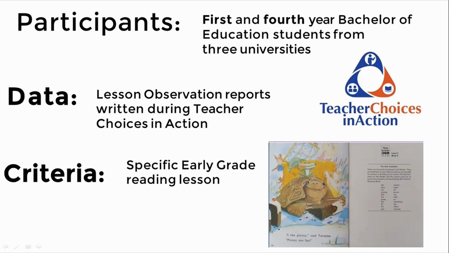So all of these students watched the very same lesson. All of the first years and all of the 4th years were watching the same lesson. And I wanted to know, what were they seeing in 4th year that is different to what they saw in 1st year? Is there a shift? Are they able to see more in practice than 1st years?